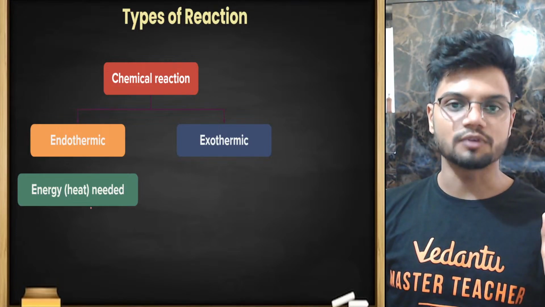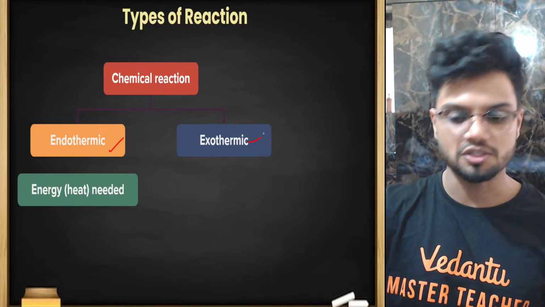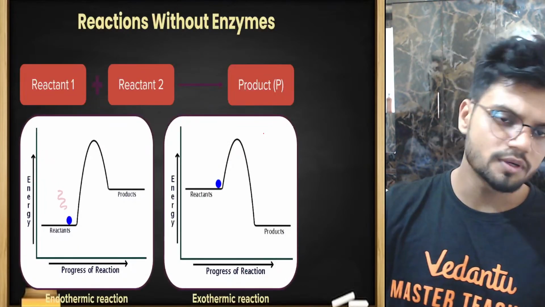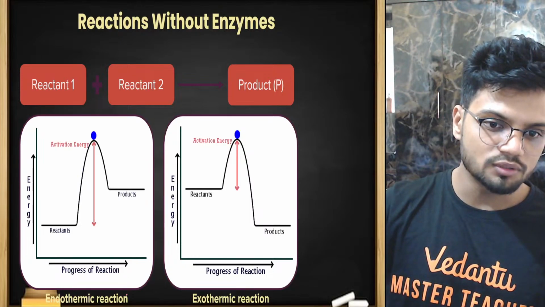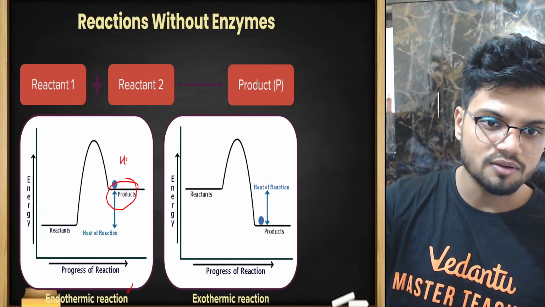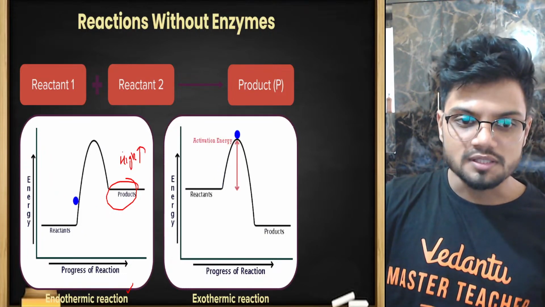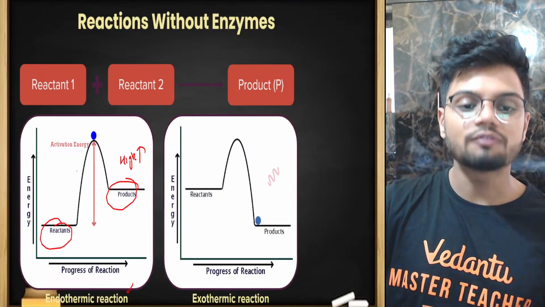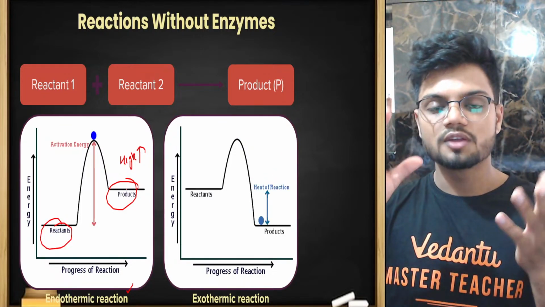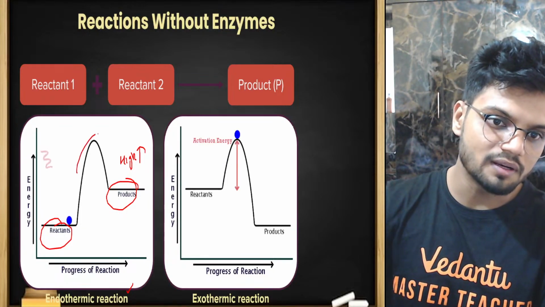That's how enzymes work. Now students, there is something called as endothermic reaction, exothermic reaction. What is the difference? Students, see this. In the case of your endothermic reaction, products will have high energy. Now tell me, if products have high energy, reactant will have to reach that energy level. So they will absorb more energy and then they will reach here.